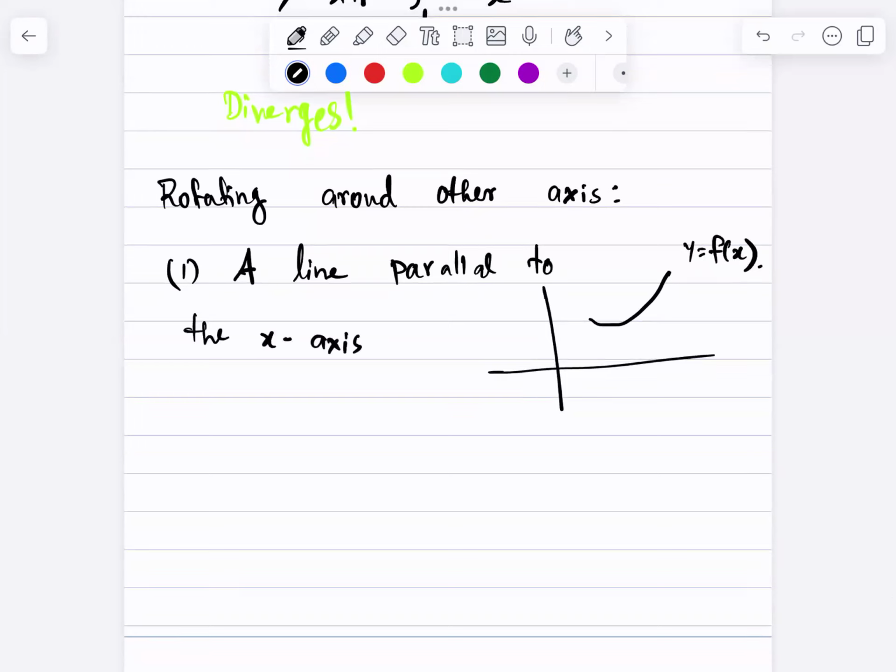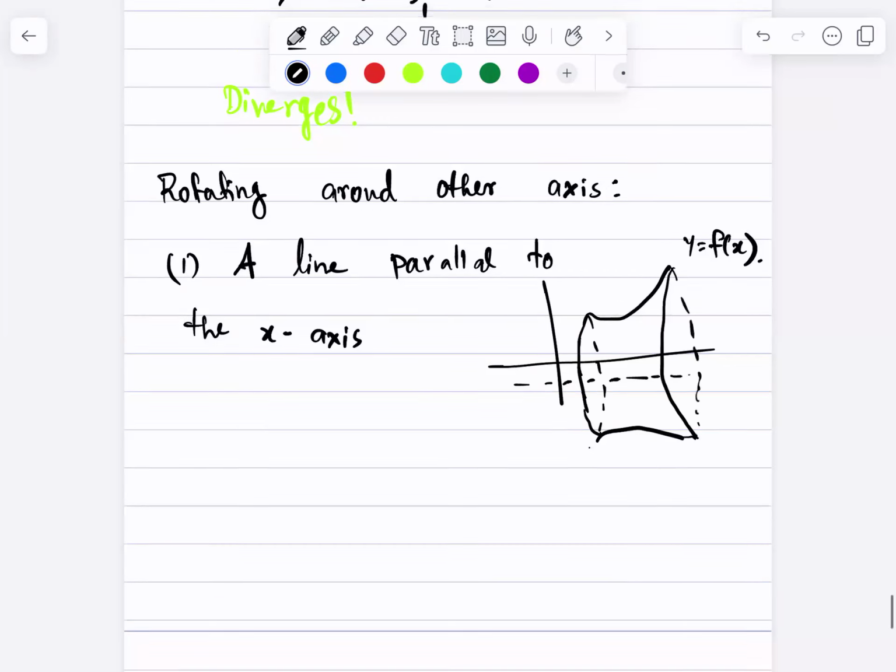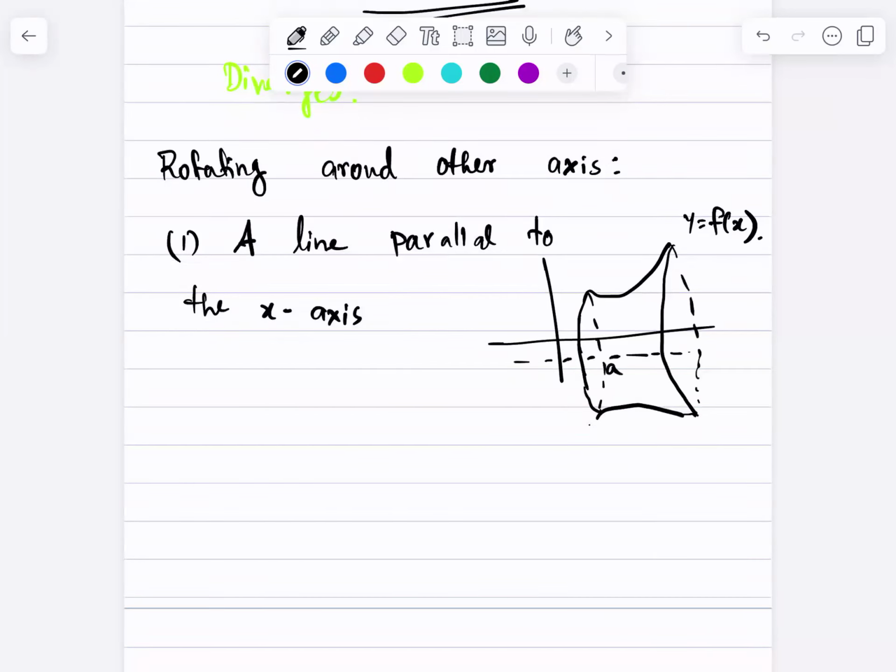In this case, I am rotating the curve not around the x-axis, rather around this axis. Then my graph will look like this. This is A, this is B.